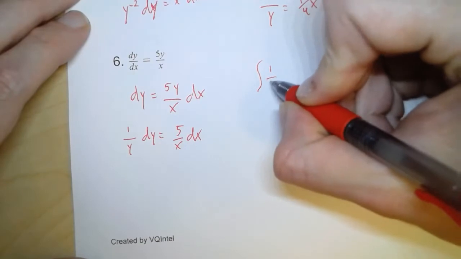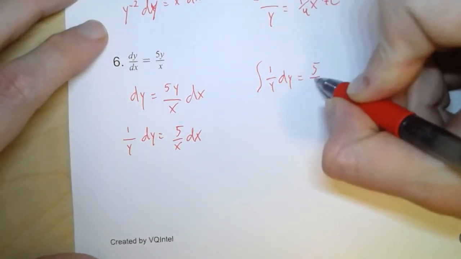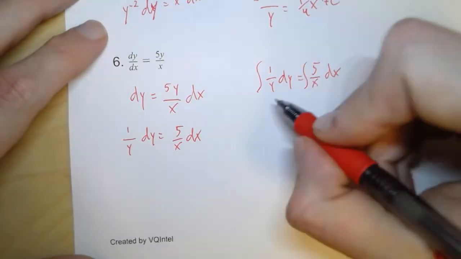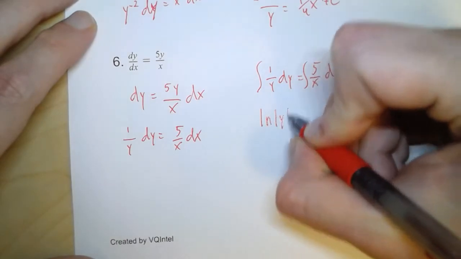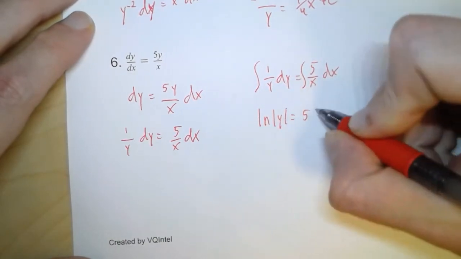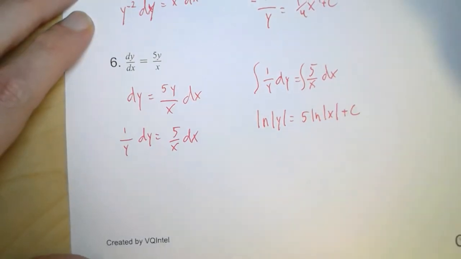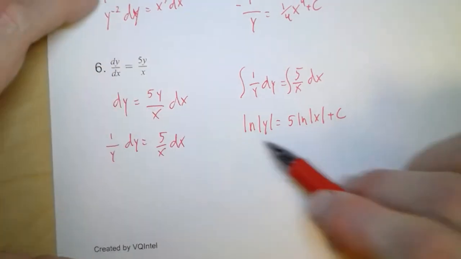So the integral of 1 over y dy equals the integral of 5 over x dx. So the integral here is going to be ln of y equals 5 ln of x plus c. So now I've got that integrated.